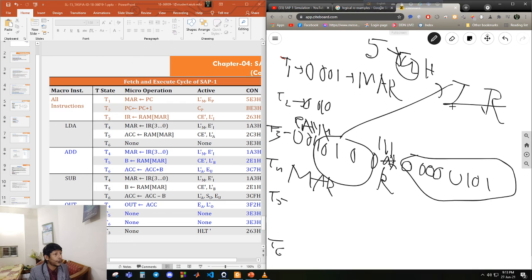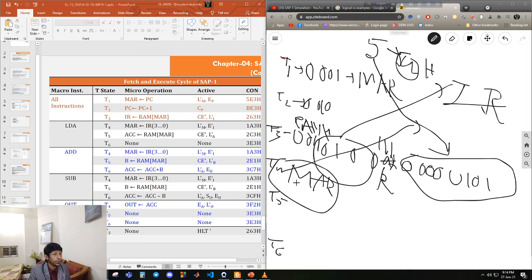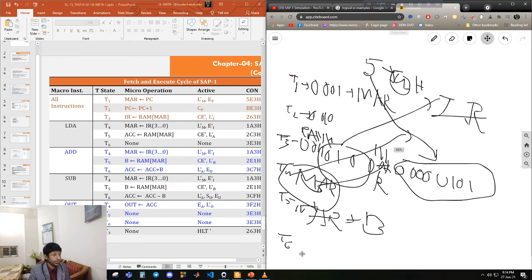From the instruction register in T4, the value from 4H, 5 in 8-bit binary, will go to the MAR. So in T5, the value from MAR will be stored in the B register.